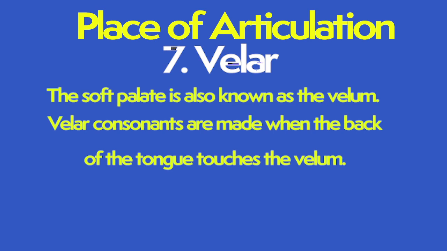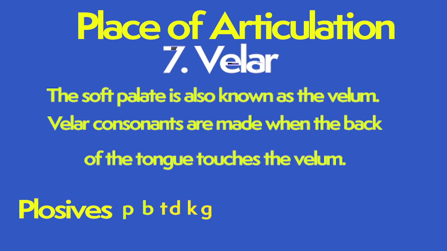There are 2 plosive velar consonants. First of all, do you remember the plosives? Recall this acronym. Peanut butter, toad king. So p, b, t, d, and k, g, they are plosives. Which ones are plosive velar consonants?